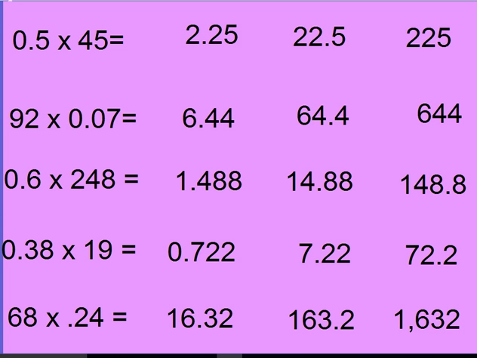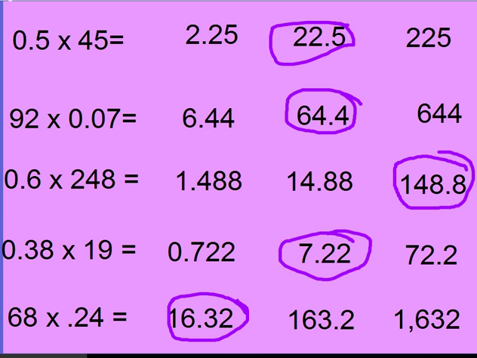So I want you to estimate with your partner on all of these and what you think your answer would be, and then check. Okay, I hope you talked with your partner. This is page 70 in your binder. I know that 5 is half of a whole, so I went with half of 45, and that's how I estimated there.